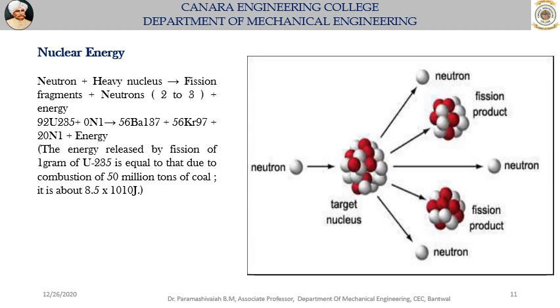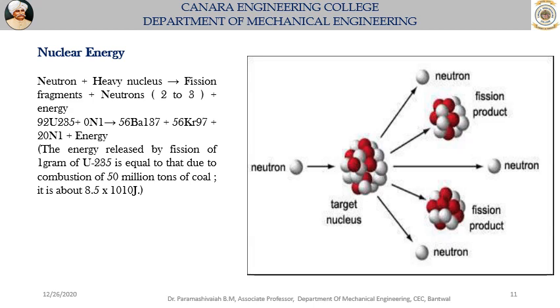The energy released by fission of 1 gram of uranium-235 is equal to that due to combustion of 50 million tons of coal. It is about 8.5 into 10 raised to 10 joules.